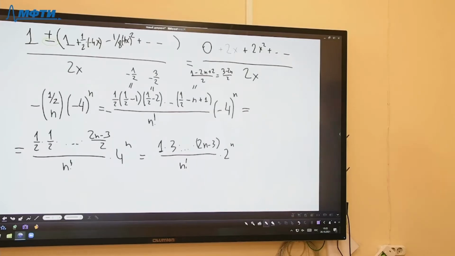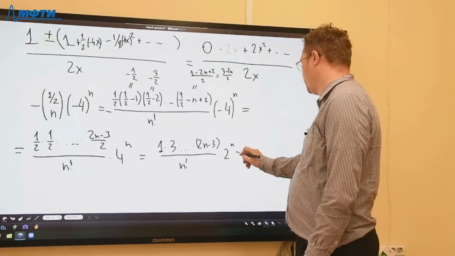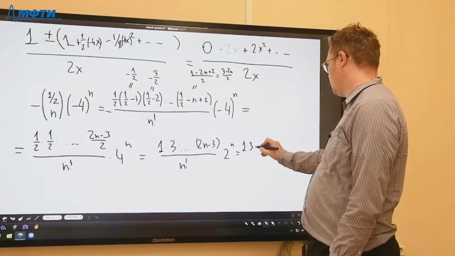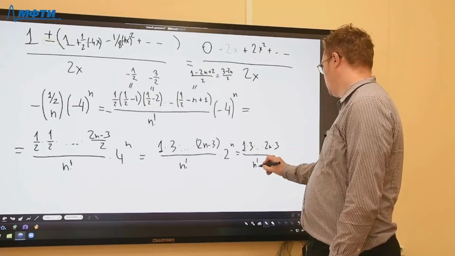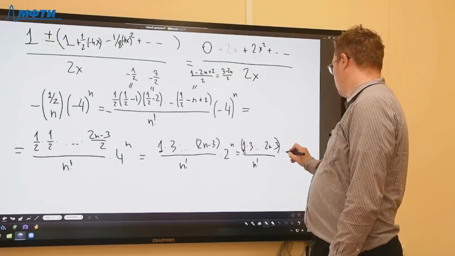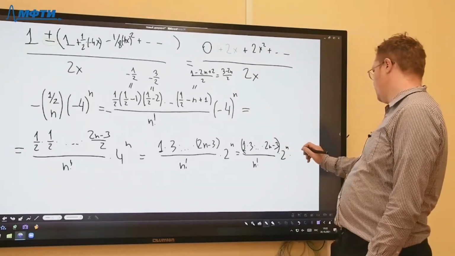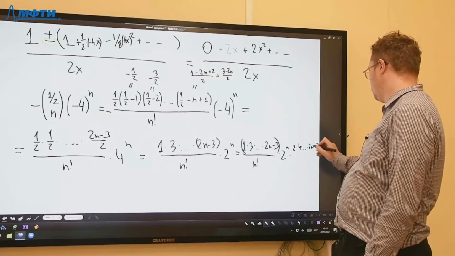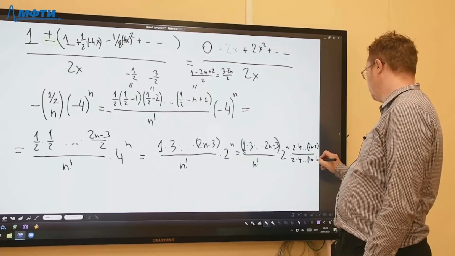So let's multiply and divide by them. We multiply by 2 times 4 times up to 2n minus 2, and divide by 2 times 4 times up to 2n minus 2.